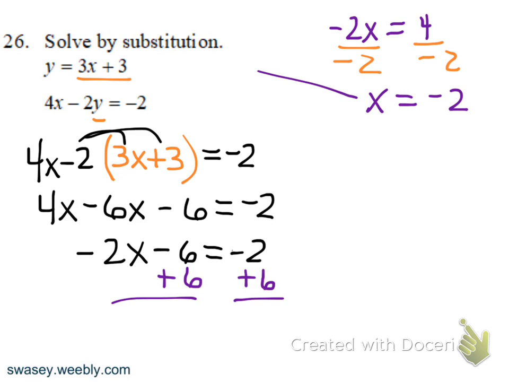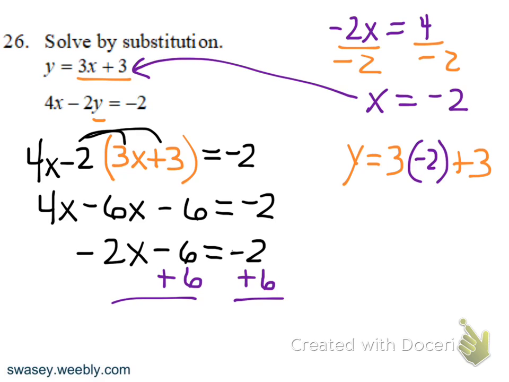Now we'll plug this back into that first equation. So we have y equals 3, and then instead of x, we'll put -2. Multiply, you get -6. Add, you get -3. Put it together as an ordered pair, x, then y.